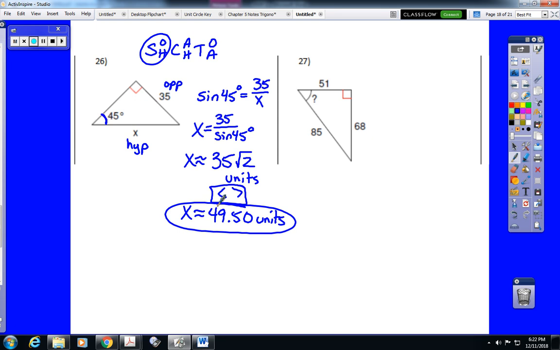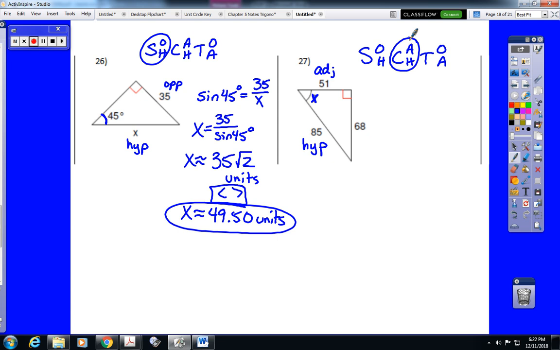Okay, 27 is yet another thing where they're trying to trick us. Notice they gave us three side lengths this time. You just need to pick two of them. It does not matter at all which two. So let's say we'll use the hypotenuse, which is 85, and the adjacent, which is 51. In that case, we're going to set up a cosine equation.